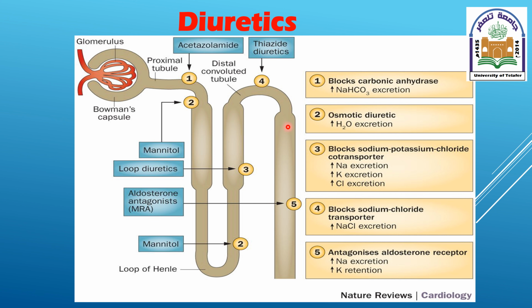The last segment of the renal tubules is the collecting tubules. Here, about 10% or less of the water is reabsorbed, and this area is under the control of antidiuretic hormone, a hormone secreted by the posterior pituitary gland, which acts on the kidney to increase water reabsorption.